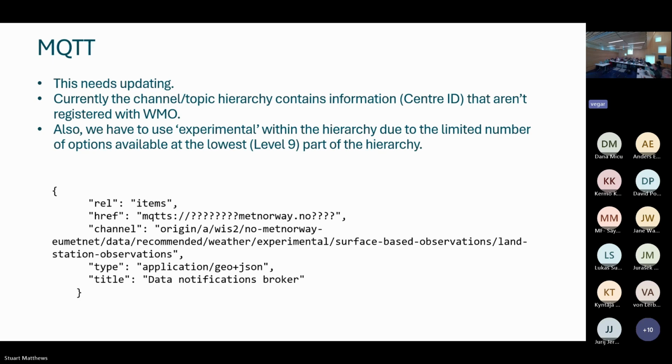What level of granularity do we need in that final bit? Or can we ignore the last level? Can we just say all of our observations come under surface-based observations, and if you subscribe to this topic, you'll get all sorts of surface observations and we've not chosen to define more?